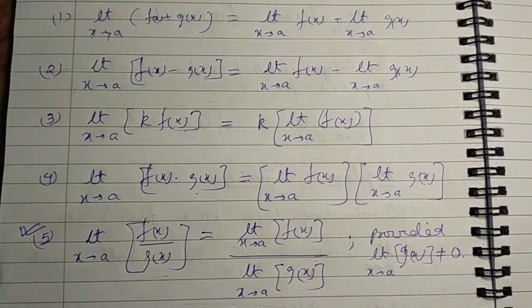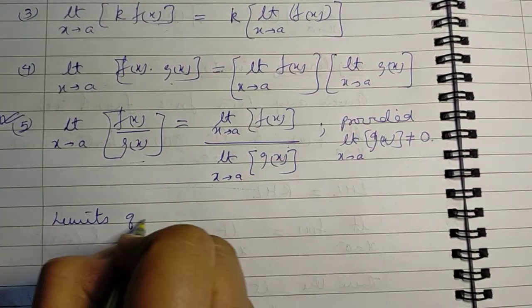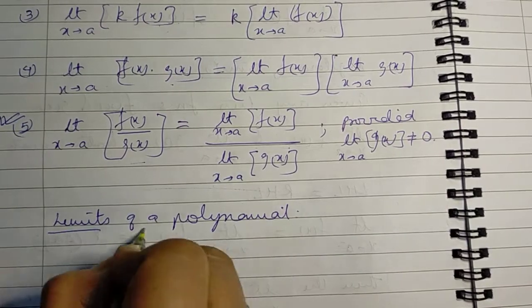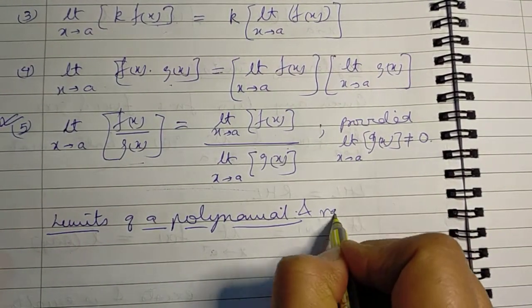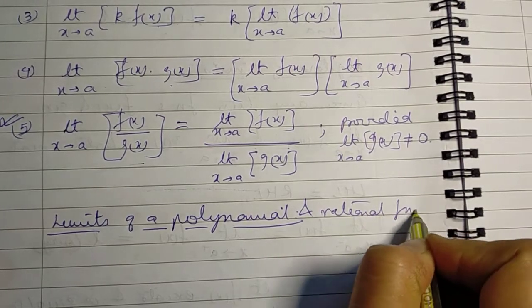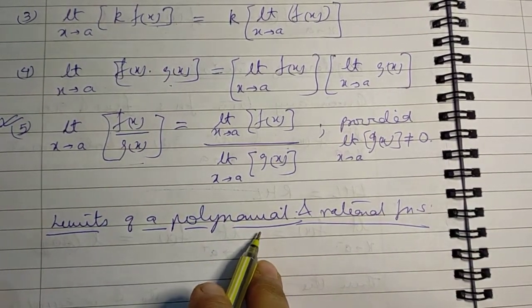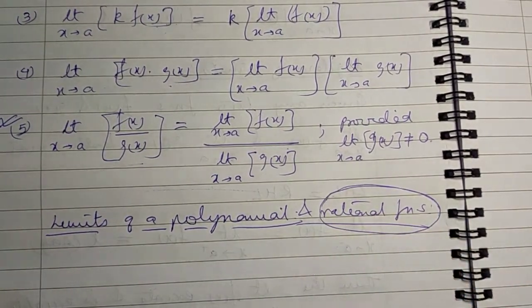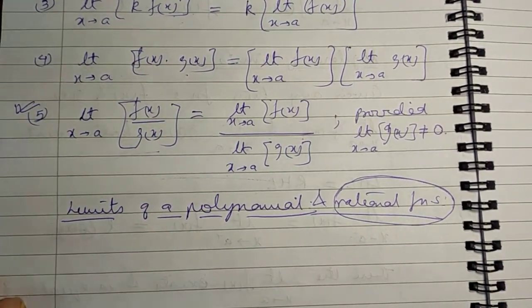That is in the case of limits of polynomials and rational functions. For polynomials, there is nothing much to be done. It is the rational functions which have to be done in detail. So today we are going to take up only limits of polynomials.